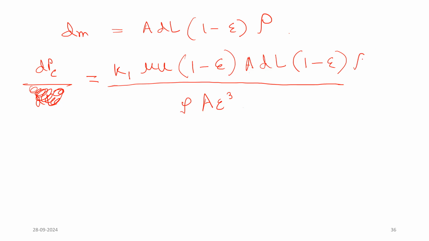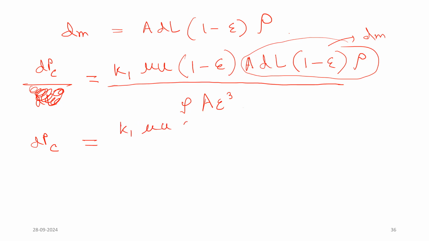Oh, there is (Sp by Vp) square, I forgot. It is always there. So now if we integrate across the pressure drop and across the mass, it will be delta Pc equals K1 mu u (Sp by Vp) square (1 minus epsilon) into Mc, divided by rho A epsilon cube.